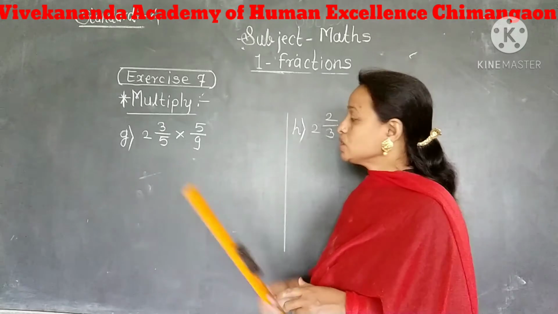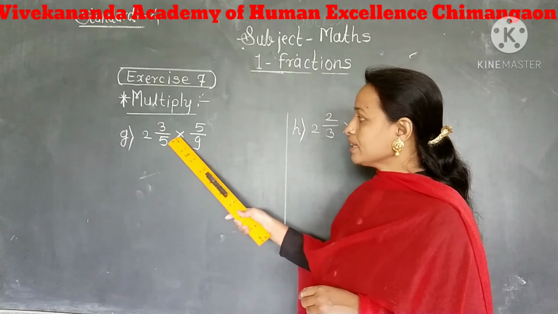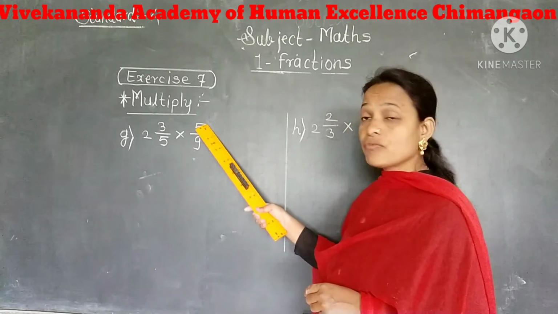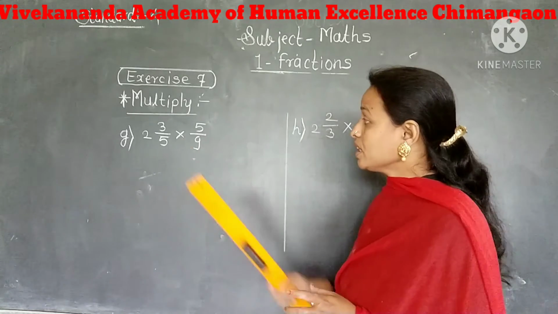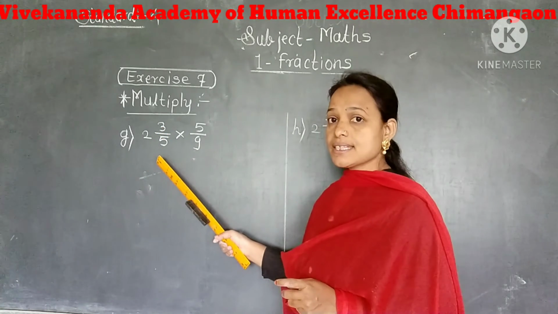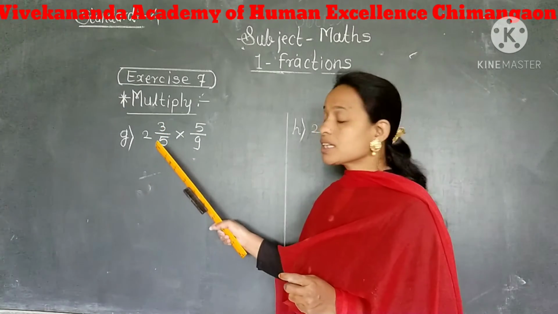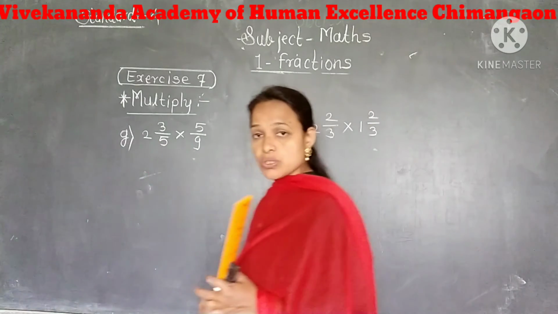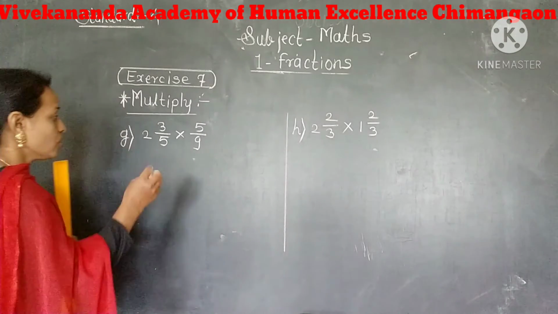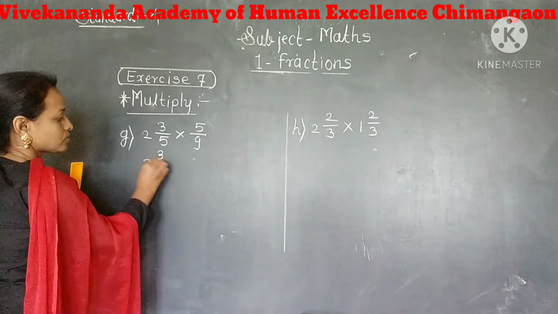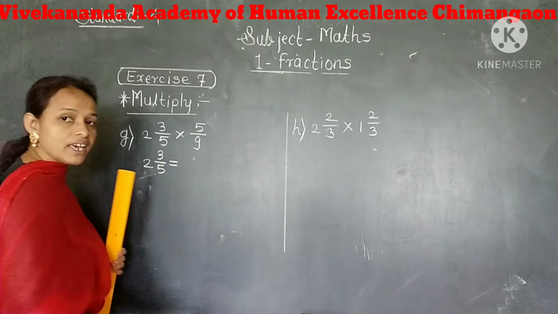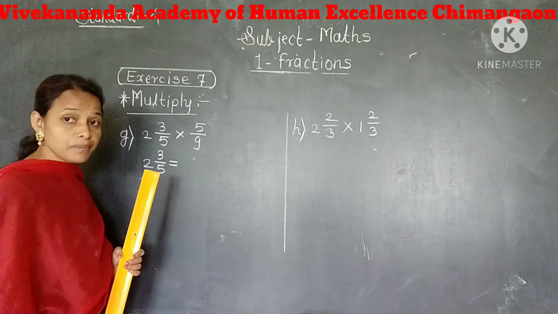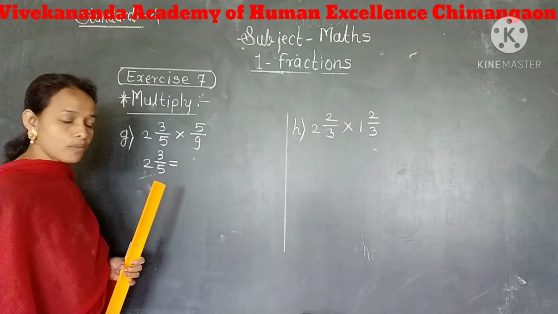Next example, 2 3/5 multiplied with 5/9. Here 2 3/5 is a mixed fraction. So first we convert this mixed fraction into an improper fraction. We have learned how to convert a mixed fraction into an improper fraction.